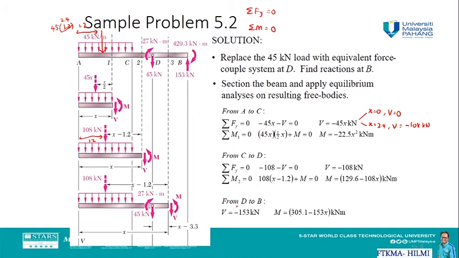We can do the same process. If we want to write the equation, it would be minus 108 minus 45 minus V equal to 0. So we are going to get V equal to minus 153 kilonewton.